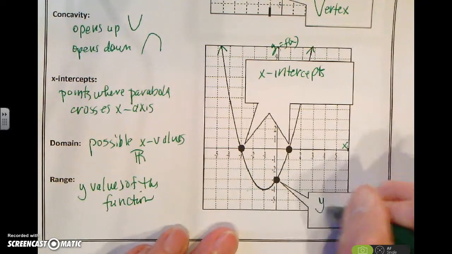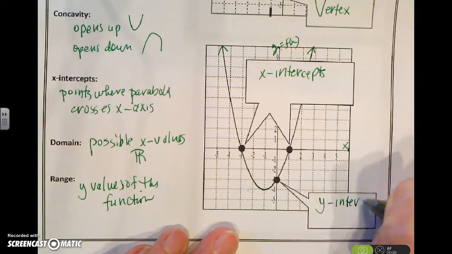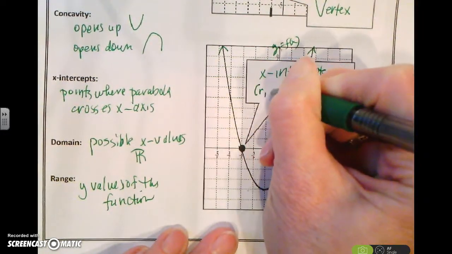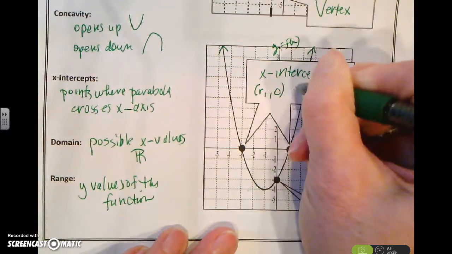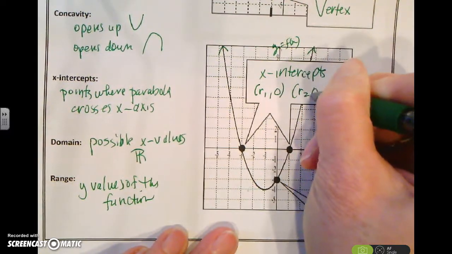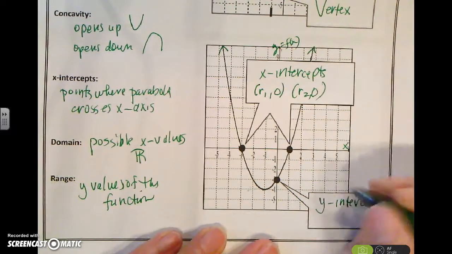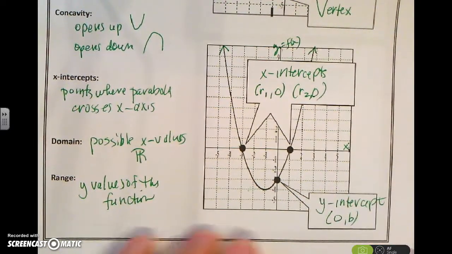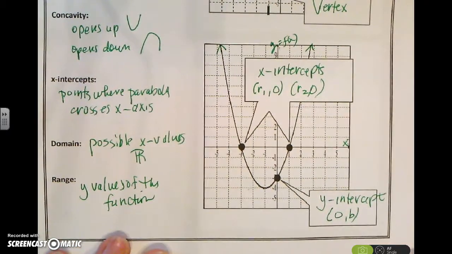And so that's called the y-intercept. So these will have ordered pairs. We'll call them R sub 1, 0 and R sub 2, 0. And we'll call this 0, b. Not important, just need to realize that they both are ordered pairs and have both an x and a y value.